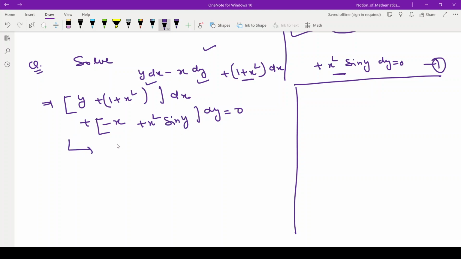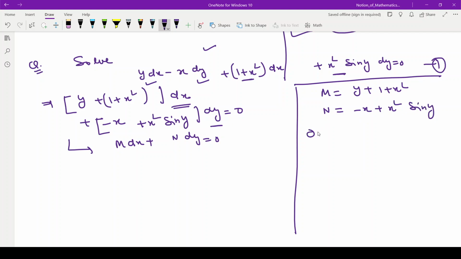Thereafter we can compare this equation with M dx plus N dy equal to 0. Capital M is the coefficient of dx, and capital N is the coefficient of dy. So capital M is y plus 1 plus x square and capital N is minus x plus x square sin y.